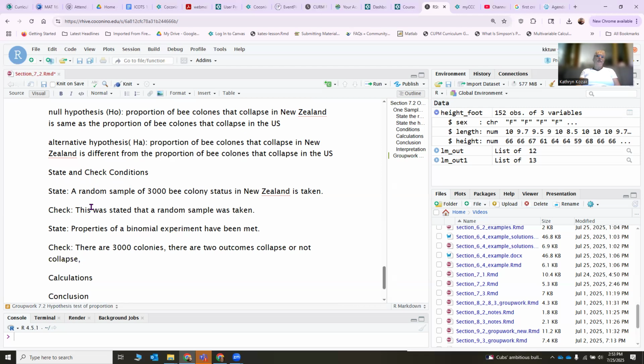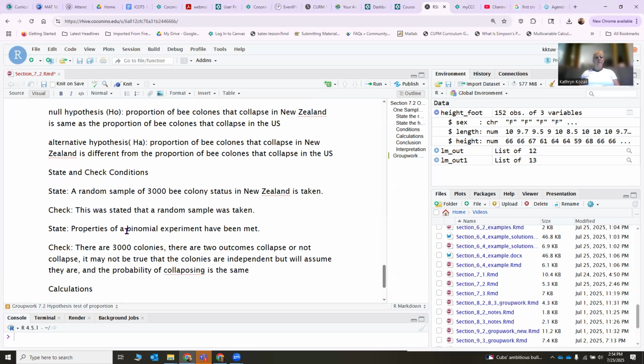And that one I'm not so sure about because this is just one beekeeper's colonies. We don't know if one colony would affect another colony. So this one may not be true, but we're going to assume they are. And then the last one is that the probability of collapsing is the same, and that is true. So the properties have been met.